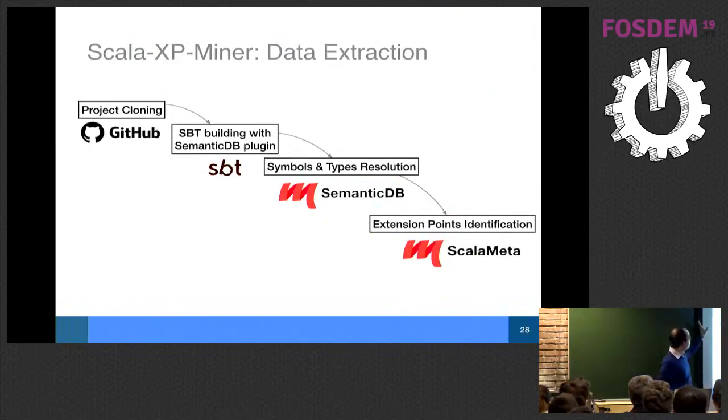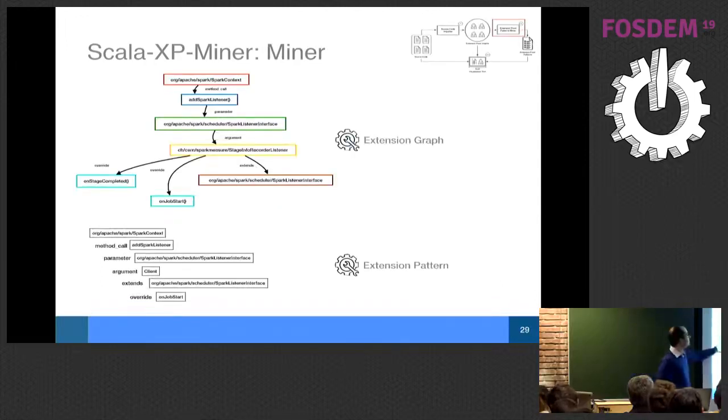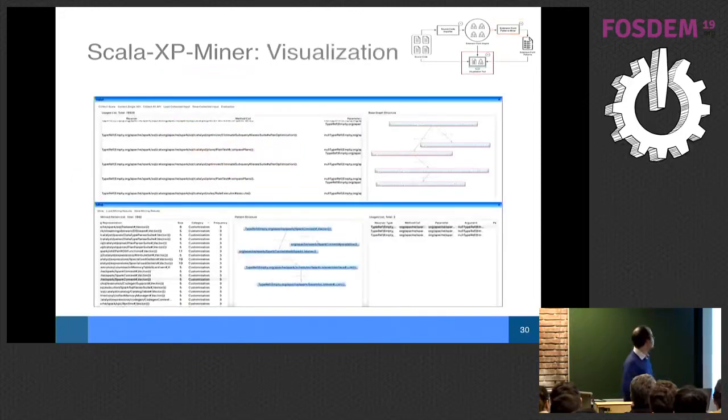So we clone the projects, then we compile the projects, we do type resolution, and just after this, we are able to understand which are the extension points. After this part, we run our miner. With respect to the previous approach, in this case we run a subgraph mining algorithm, that is Apriori. And then we visualize the data.